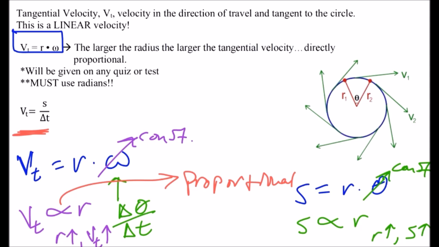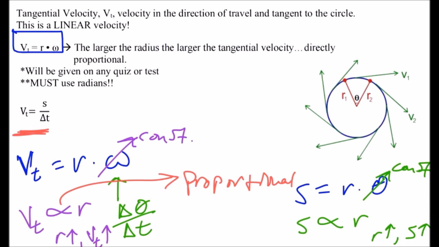Now let's look and see how we come up with this second equation down here. Tangential velocity is also equal to arc length divided by time.